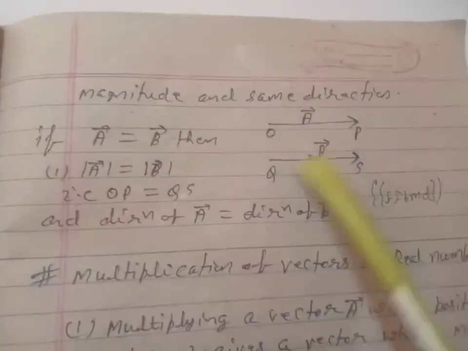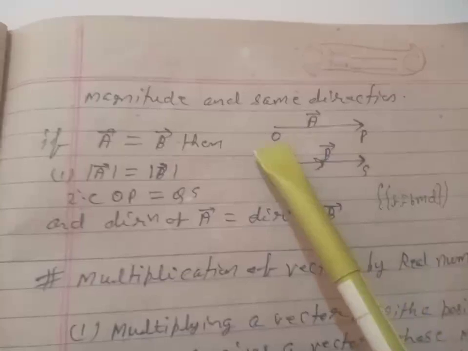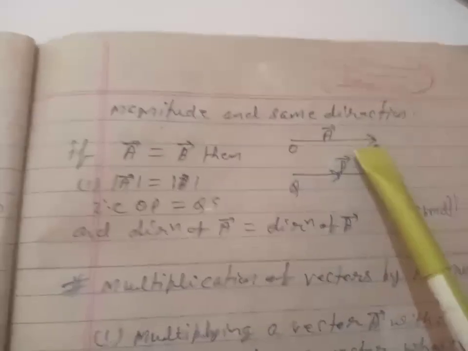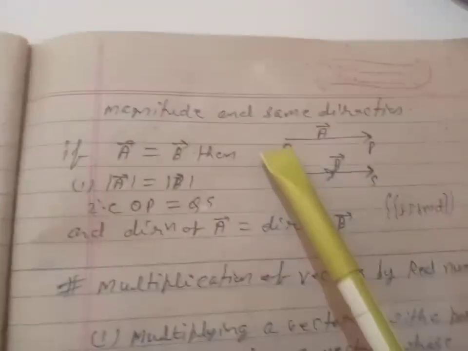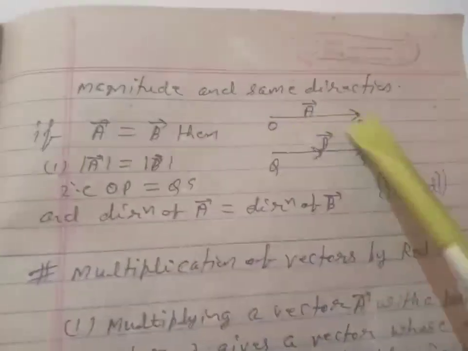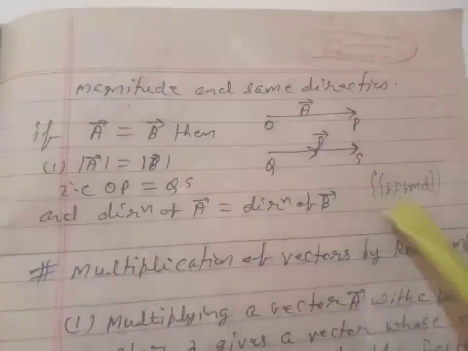Here two vectors are shown, the A vector and the B vector, also represented by the OP vector and the QS vector. If they are equal, then their magnitudes, that is the length OP and the length QS, must be equal, and the directions must also be the same, that is they should be parallel.